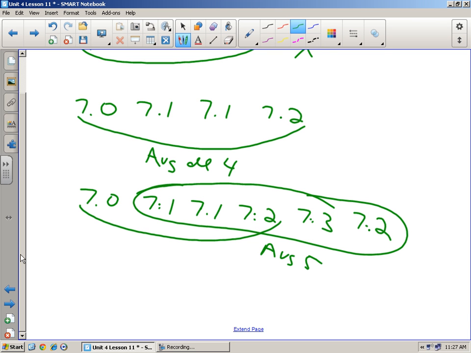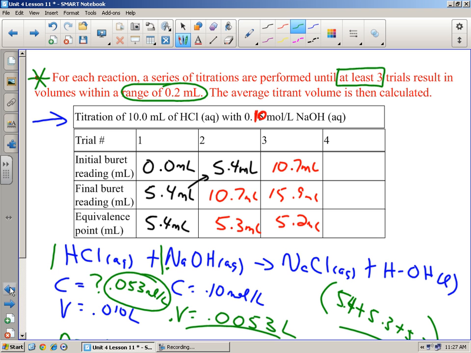Okay? Remember, on a quiz or a test, you will not be doing this part here, because that's part of the experiment, right? So you don't have to worry about that on a quiz or a test. You will have to worry about this. So when you get to this part here, you need to find the ones that are within 0.2 and average as many as you can. At least 3 of them, of course.